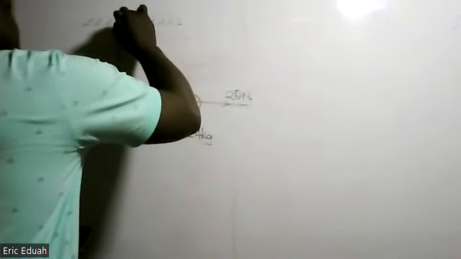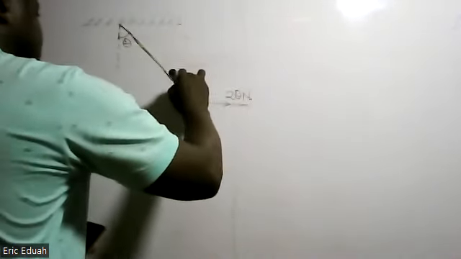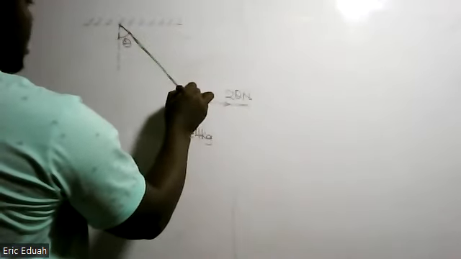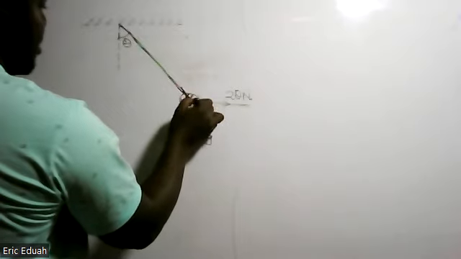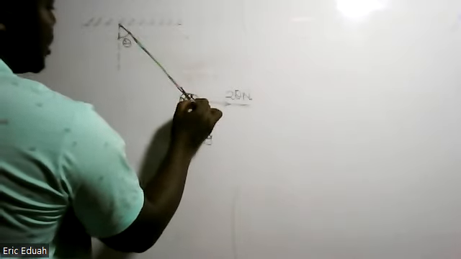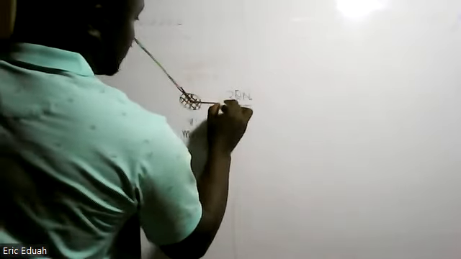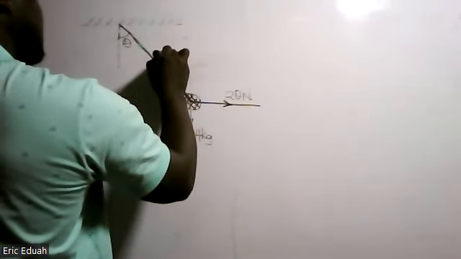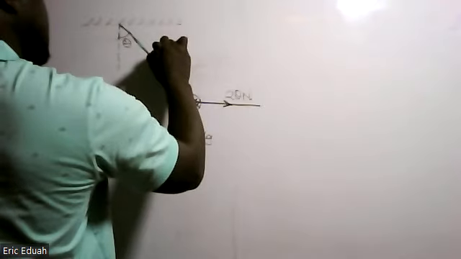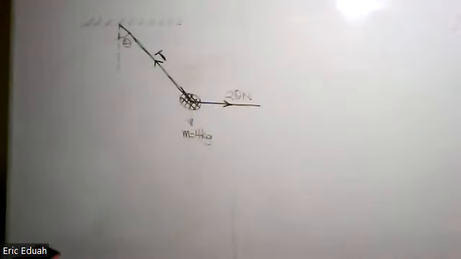So there's the string. There's the string. There's the mass. It's being pulled by this force. We are asked to find the tension in the string, T, and the angle theta, which the string makes with the vertical.